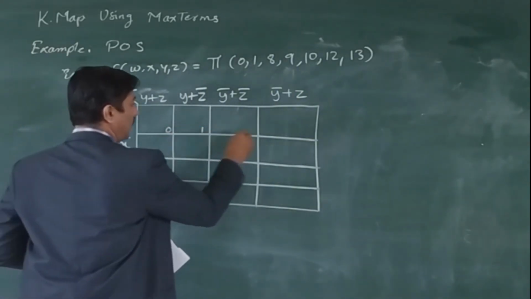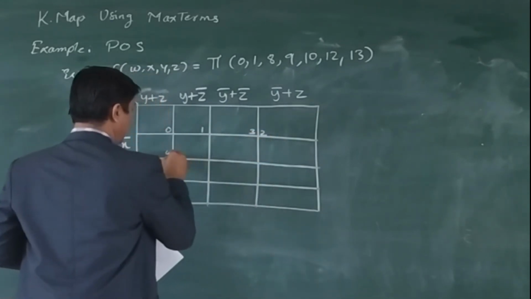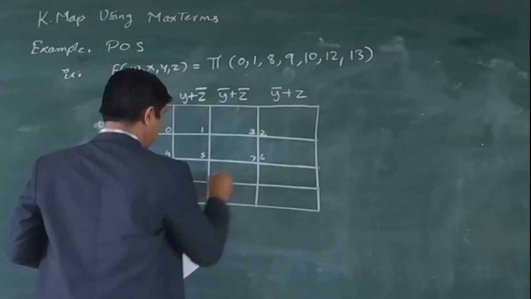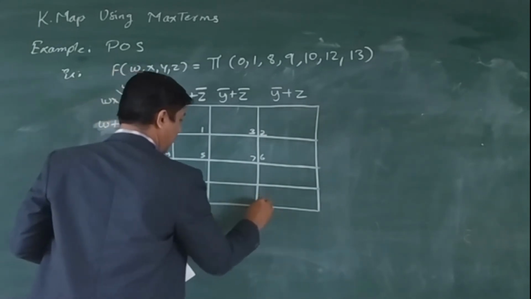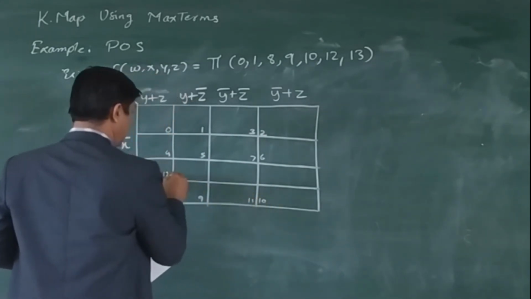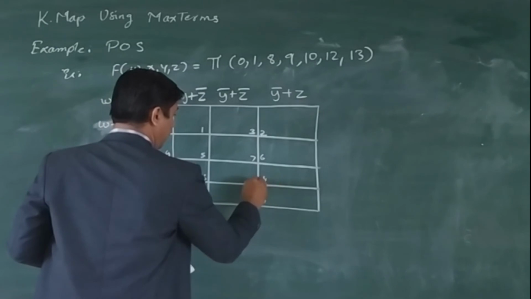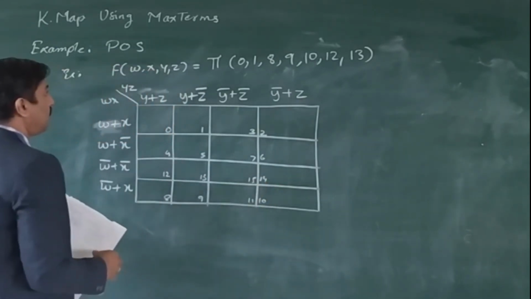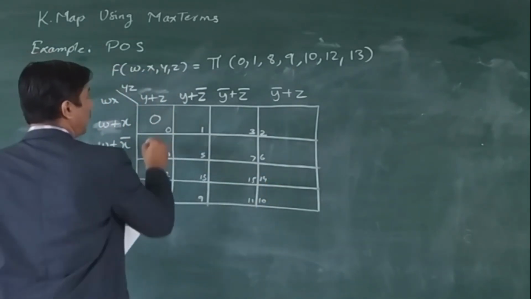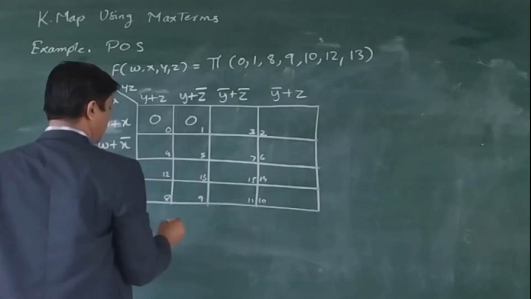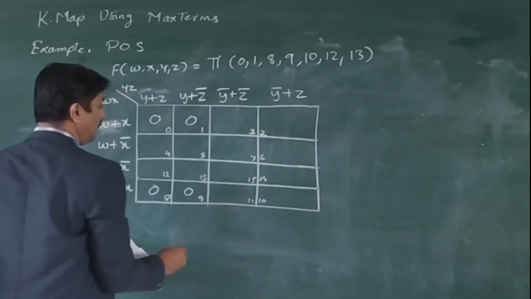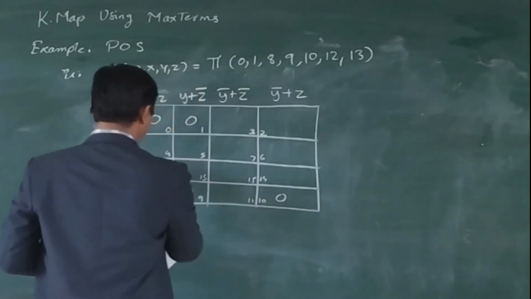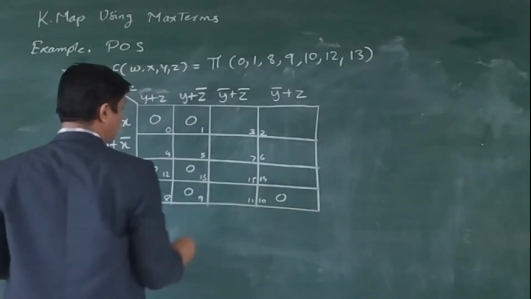Now 0, 1, 2, 3, 4, 5, 6, 7, 8, 9, 10, 11, 12, 13, 14 and 15. Let us represent the cells with the max terms 0, 1, then 8, 9, 10, 12 and 13.